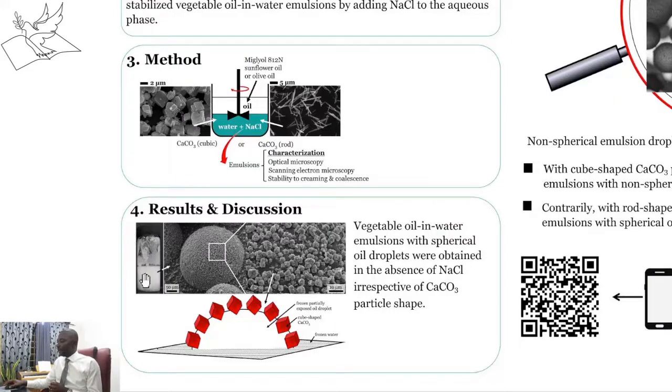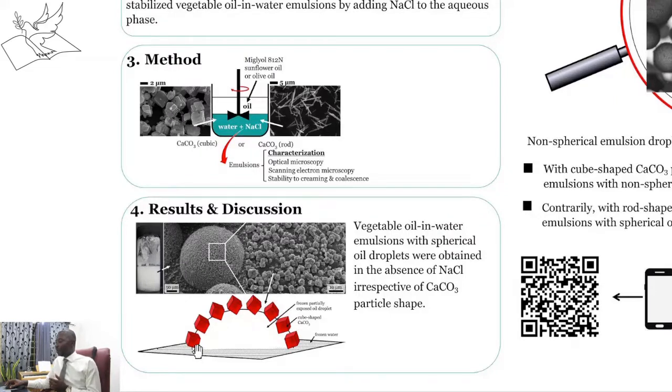So this is a visual appearance of a glass vial containing vegetable oil and water emulsions in which the droplets are spherical. Here is the scanning electron microscope image of the emulsion system showing the spherical oil droplets, and this is a zoom-in version of the surface of the oil droplet.